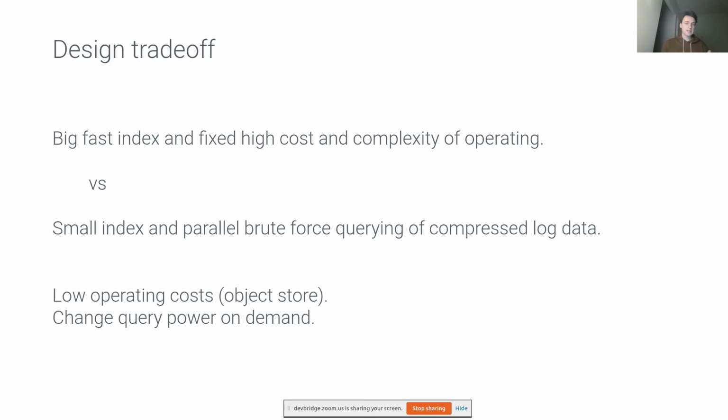The price shifts from running an index store to processing power. So if we are not processing anything in cloud native infrastructures, you don't actually have to pay for it. And when you want to query huge amounts of data, you can just scale your infrastructure a little bit and pay for what you query.